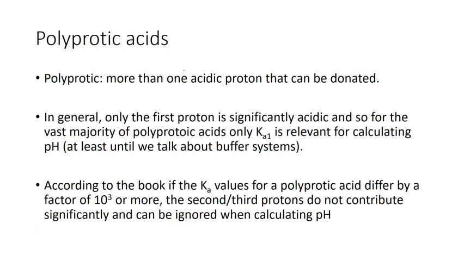And so just like with monoprotic acids, we are going to have some Ka value, right? Each acidic hydrogen or proton is going to have its own Ka value, right? So for something like H2SO4, we would have a Ka1 and a Ka2, right?